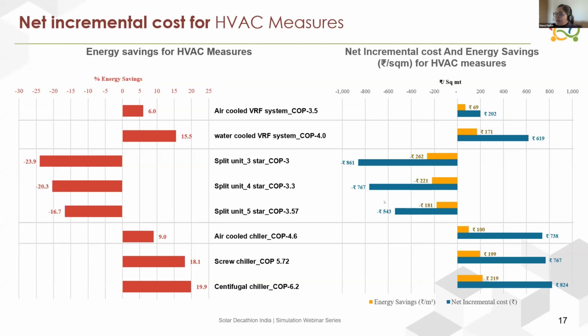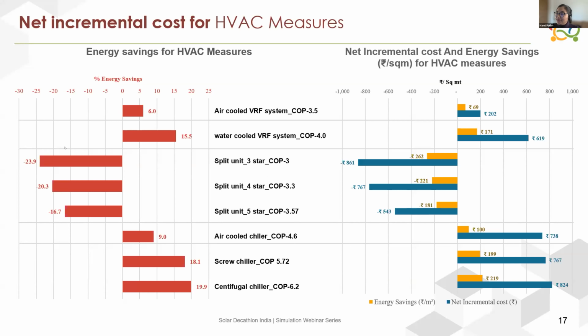The interesting part here is the negative incremental cost. The energy savings for unitary split units, that is BEE 3, 4, and 5-star rated systems, are negative. That is because in the base case we have considered a VRF system, which is more efficient as compared to these split AC units. So split units would have a higher amount of EPI.